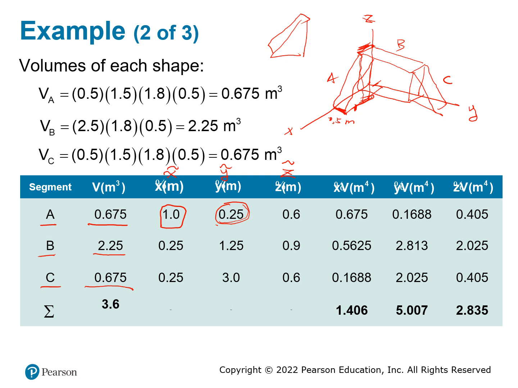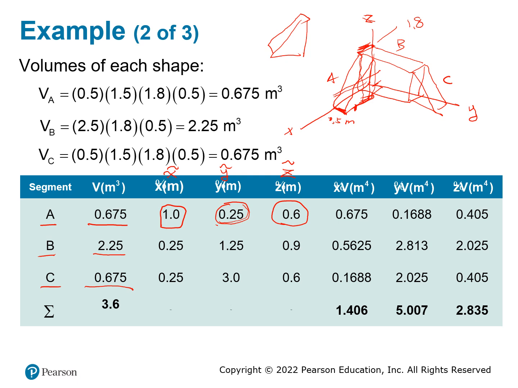For the Z, again, it is going to be 1/3 from the bottom here. So you look at this one, it is 0.6. If that's 0.6, I'm guessing the height of this one is going to be 1.8. It's going to be 3 times 0.6.